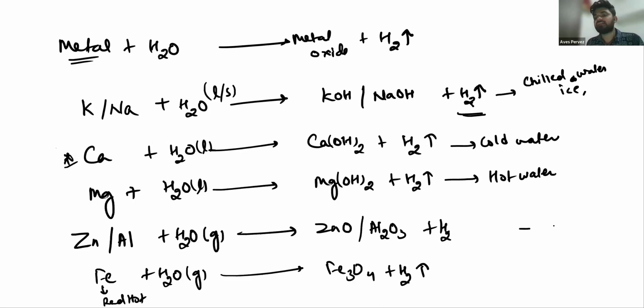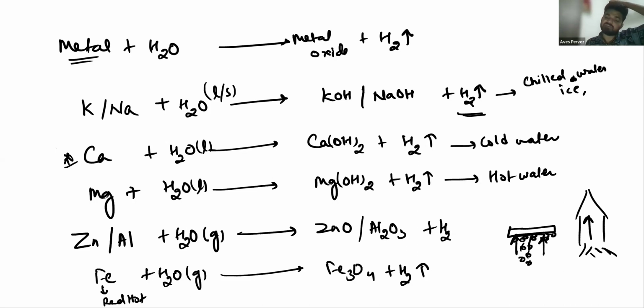It generally sticks to the surface of the calcium, and this helps the calcium float. Because the hydrogen gas is produced at a faster rate, it continuously provides an upthrust, like the rocket effect, and that helps the calcium float on the surface of water.